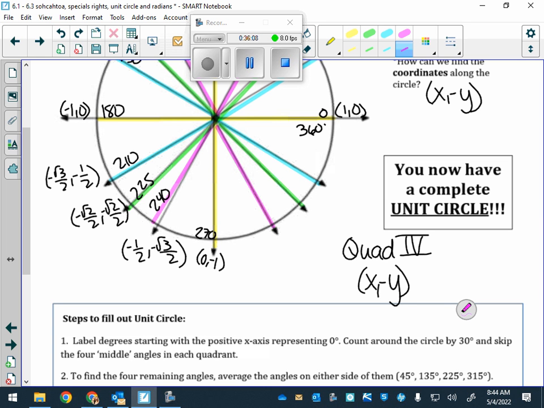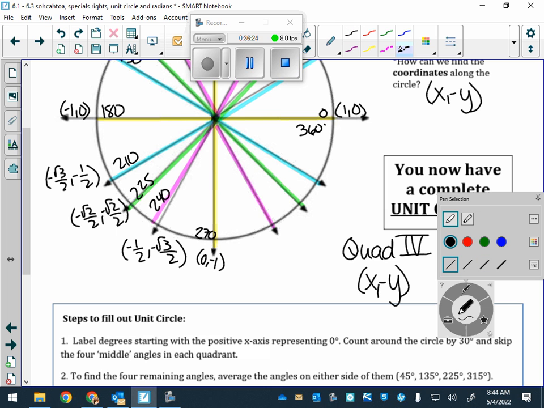Quadrant 4, I see a lot of the coordinates for these two switched. Remember, you're always calculating from the x-axis, not the y. All right, so let's finish this guy off. So we have root 3 over 2 and negative 1/2.